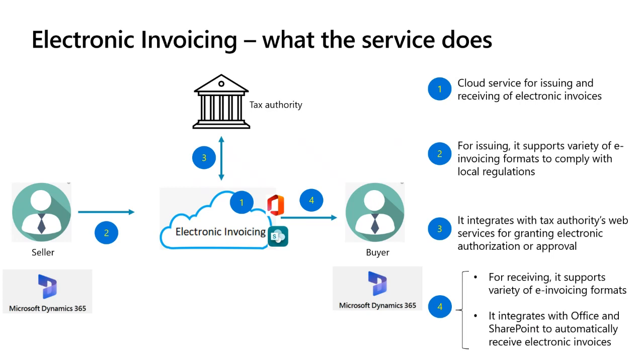It integrates with tax authorities' web services for granting electronic authorization or approval. This is a common requirement when we talk about electronic invoices driven by the government. And for receiving, it also supports a variety of electronic invoicing formats, and it also integrates with Office and SharePoint to automatically receive electronic invoices.